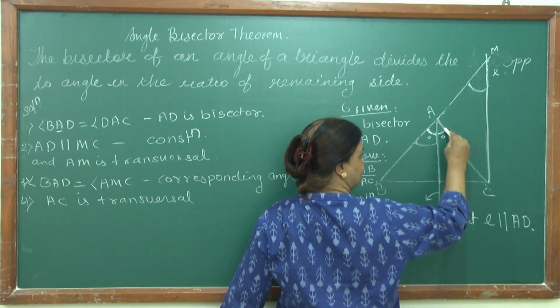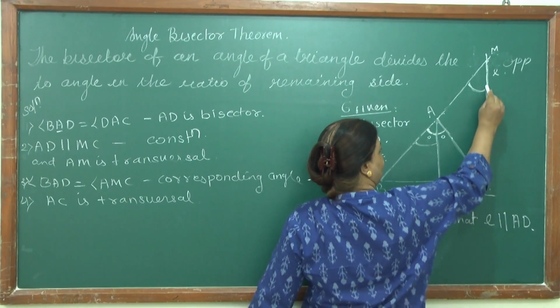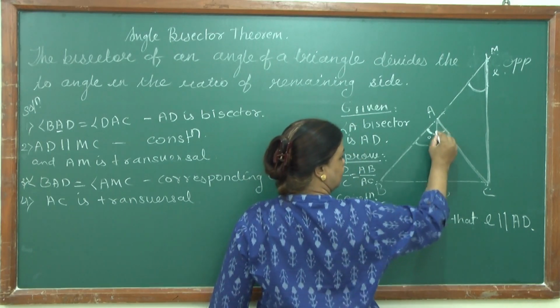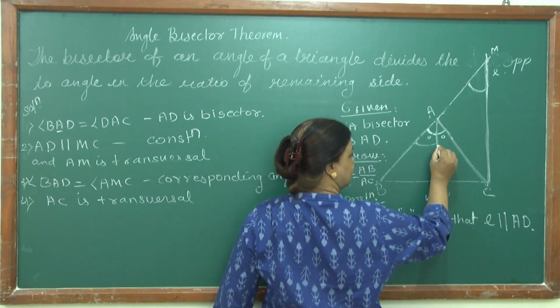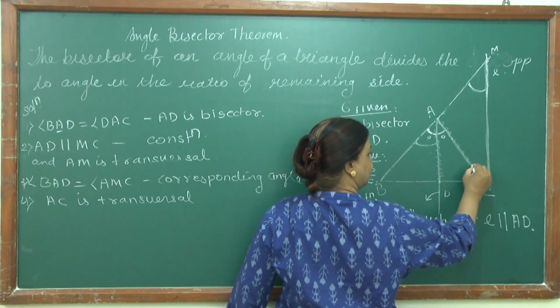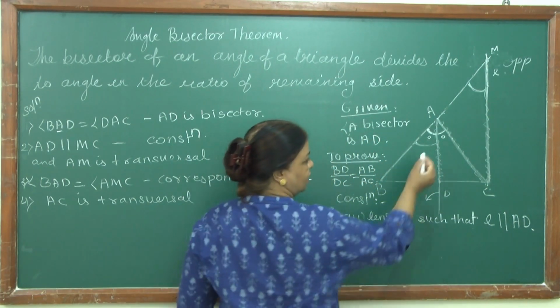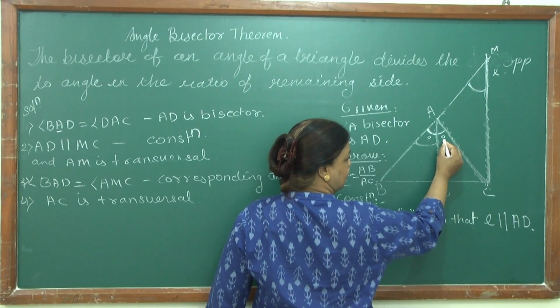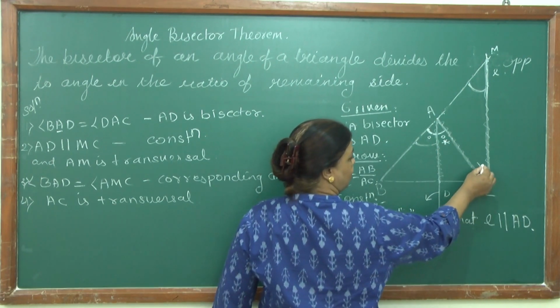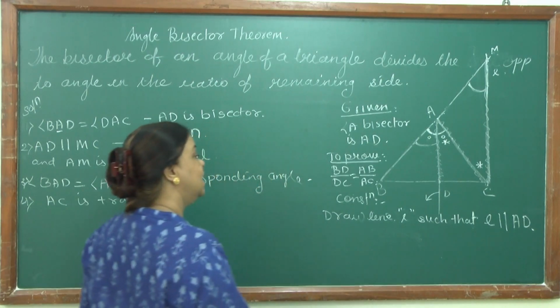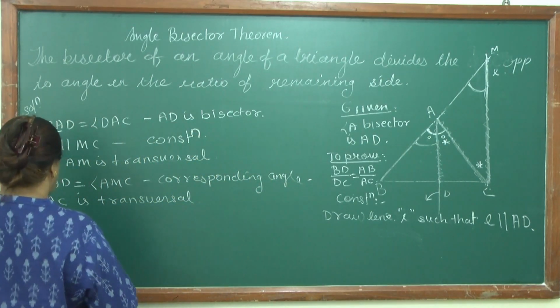You get a Z here. This, you will get this Z. So this angle will be equal to this angle and that is alternate angle.